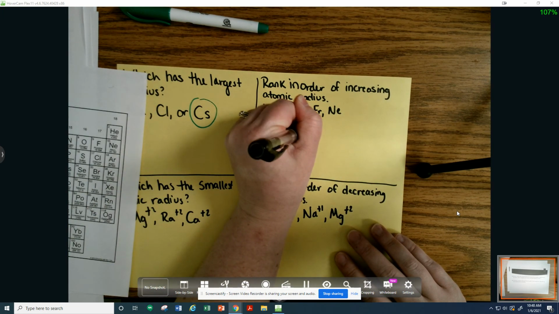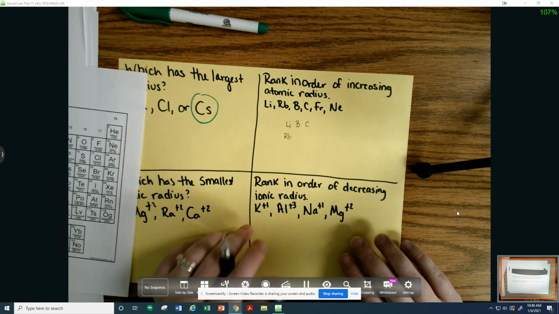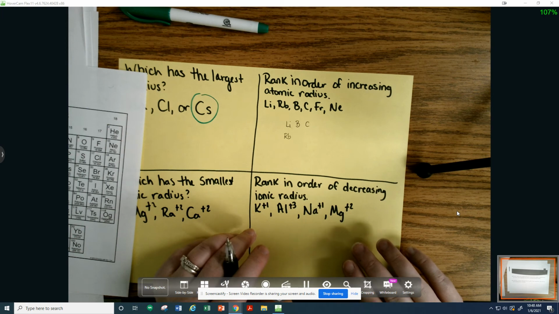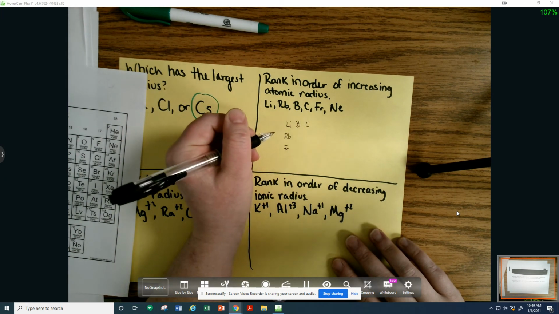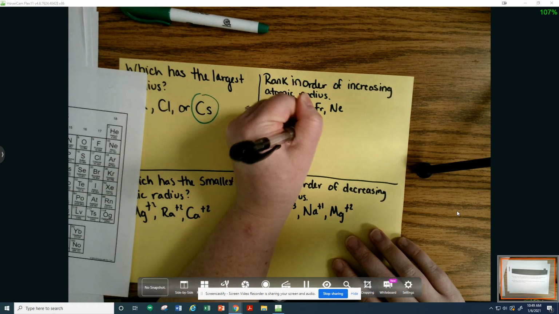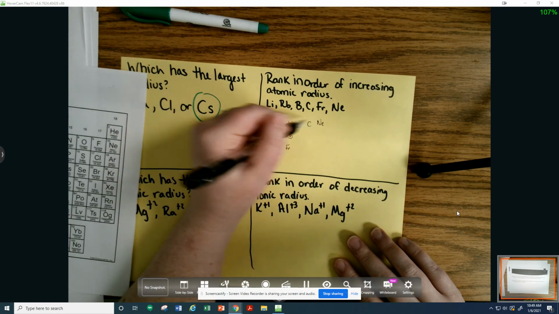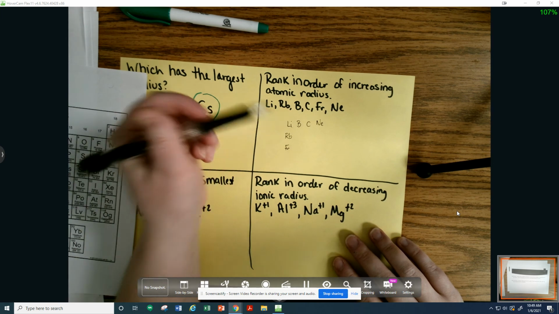And carbon is found directly to the right of boron. Francium, if you find it, is found both below lithium and rubidium. So I'm going to place that here in the bottom left. And then the last one is neon, which is to the right of both boron and carbon. So all that's done is it's basically organized these to help arrange it.